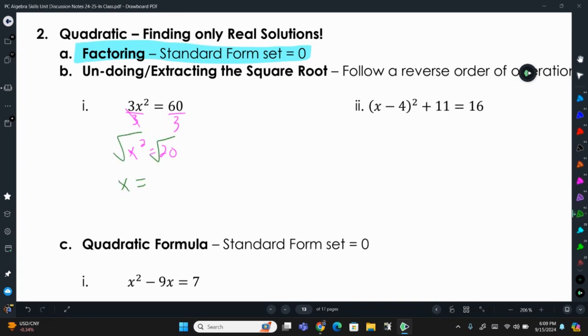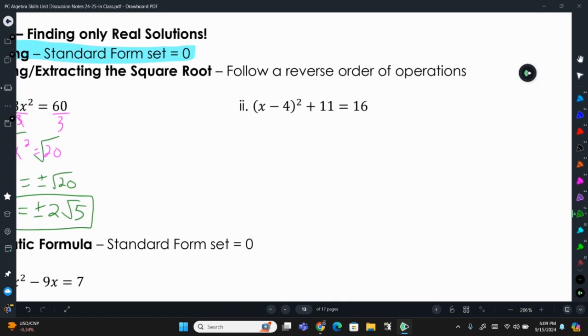Now, whenever you're asked to solve and you end up taking the square root, you must have plus or minus. You also have to keep in mind to simplify the radical. 20 can be broken up into 4 times 5. Well, the square root of 4 is 2, so we have x equals plus or minus 2 root 5. Those are our two solutions.